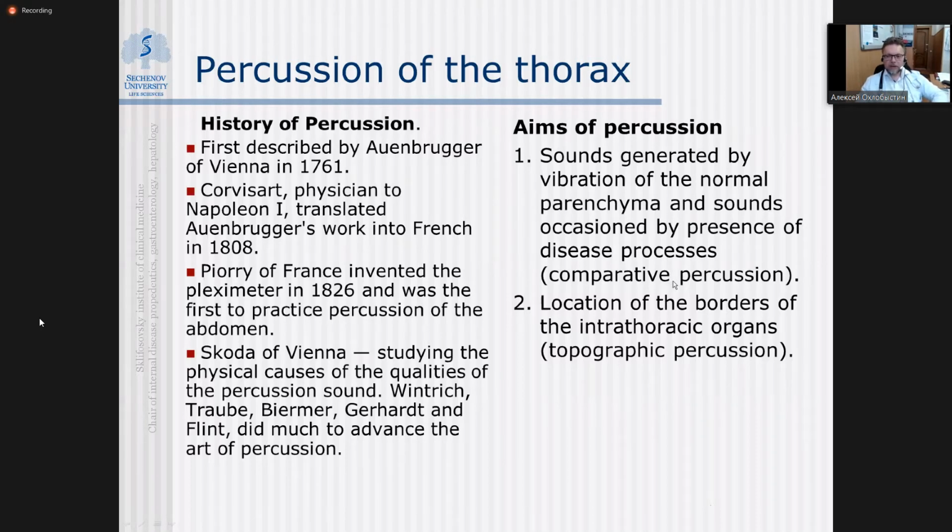Definitely we compare both sides, left to right. Definitely we compare superior areas to inferior areas of the patient's lung fields. But most important for comparative percussion is comparison to a normal chest so as to assess the features of the sound itself. Topographic percussion is for assessment of the borders of the patient's lungs.